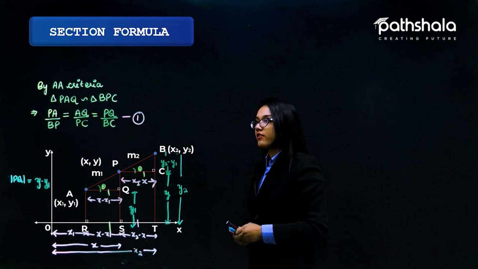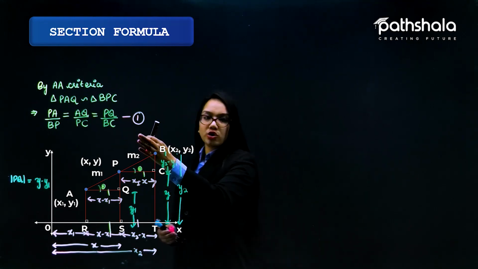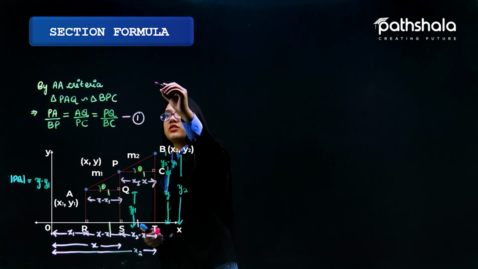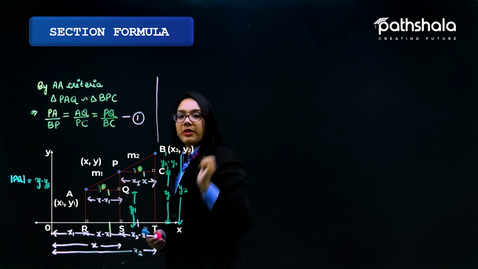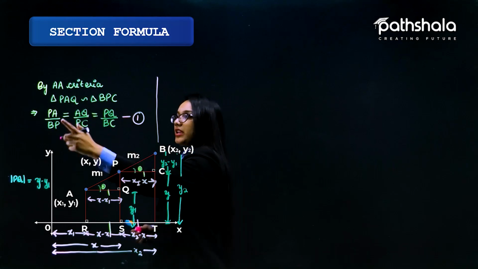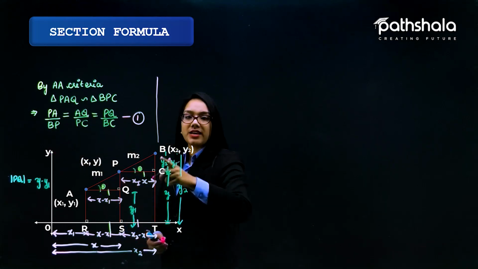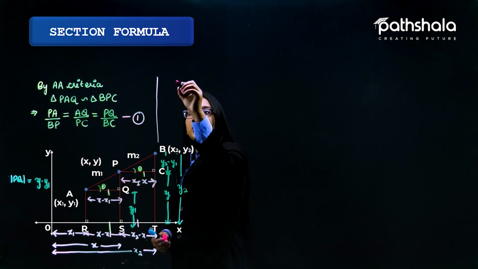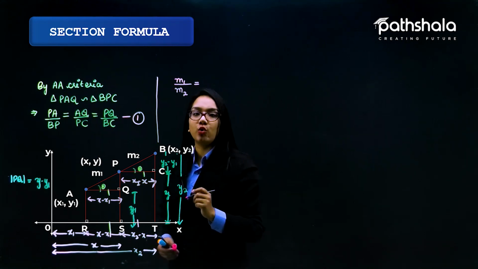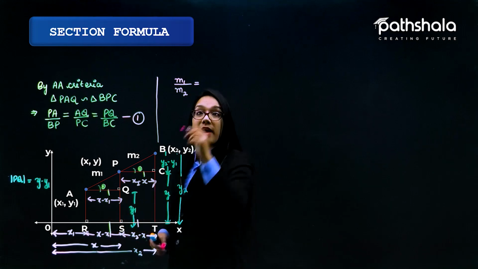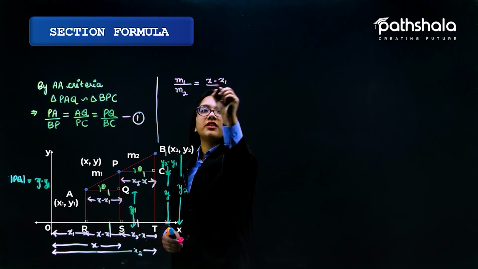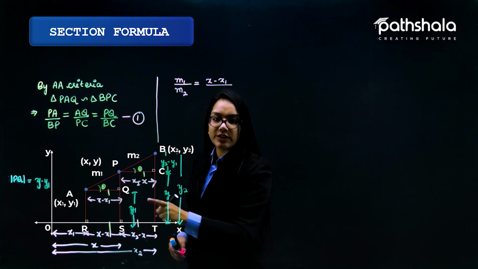So let's plug in all the values in this ratio. PA by BP: PA is M1, so this is M1 by M2, which is equal to AQ. AQ is x minus x1, divided by PC.